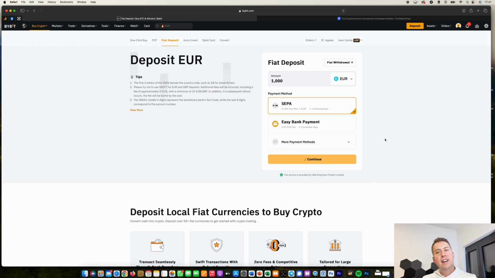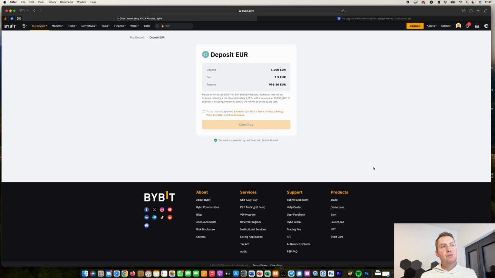It loads. Here you have to make sure that the name on your Bybit account has to be the same as the name on the bank account you send the money from. It doesn't work if you send money from your wife's account, for example, because the two names need to match.